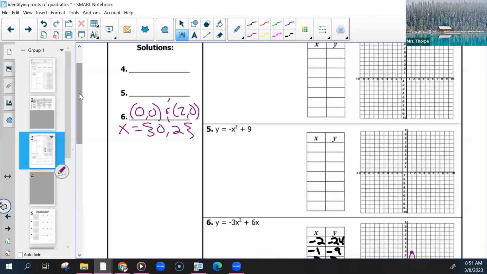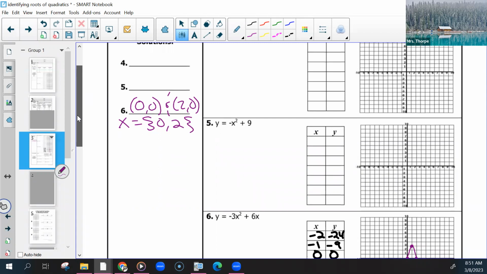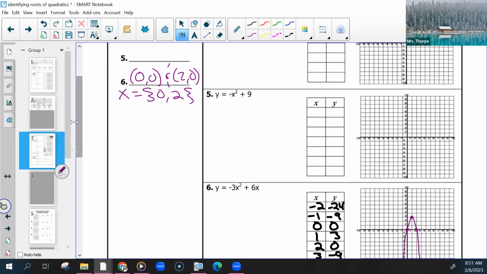Can you do another one for algebra? Sure, pick one. For 5, do we have a B value? No. So that means this is just gonna become 0.